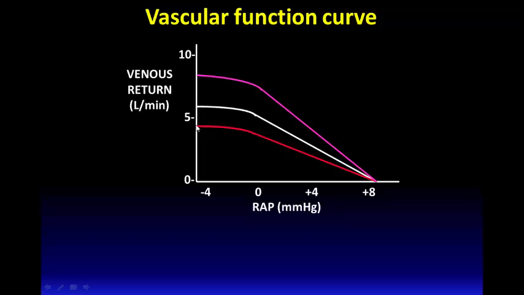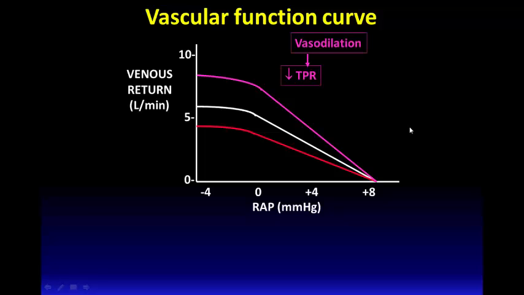The curve which is red in color, this is the venous return curve with increased total peripheral resistance. Thus, it is evident that changes in the total peripheral resistance would not affect the mean systemic pressure, would not affect the mean circulatory pressure.